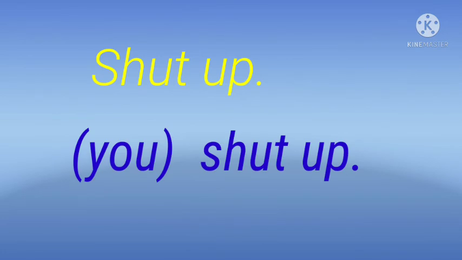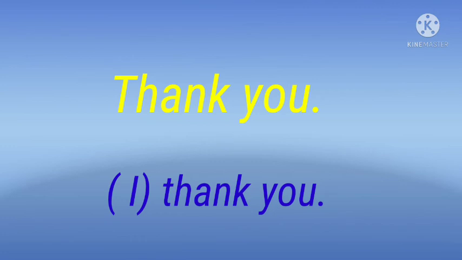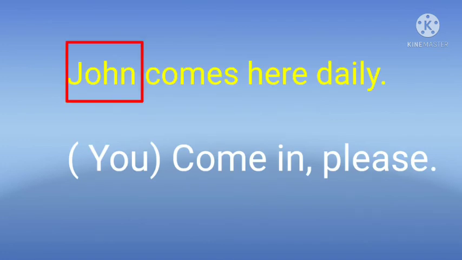The subject is, you shut up. So here, the subject is only implied, not expressed. When I say thank you, there is a subject there, I thank you. Thank you means I thank you. So the subject of a sentence is often expressed but can be sometimes implied.